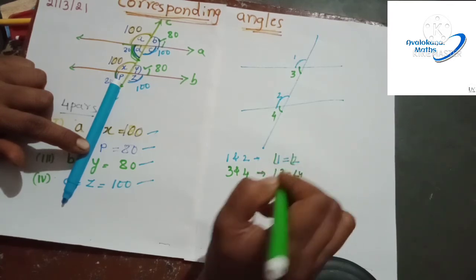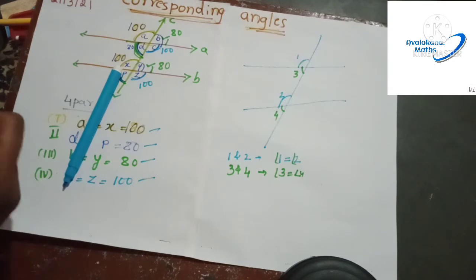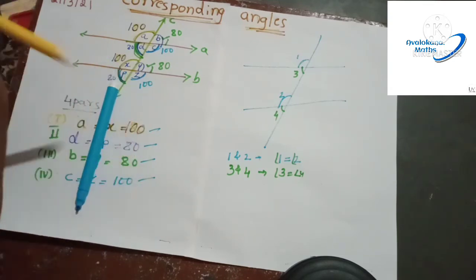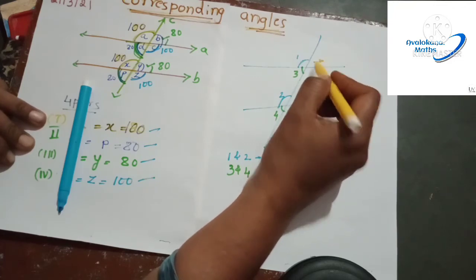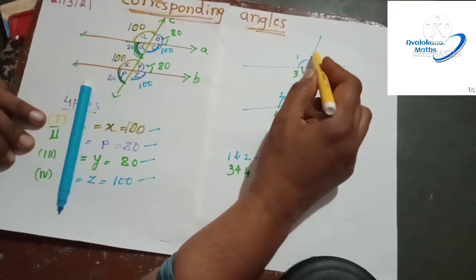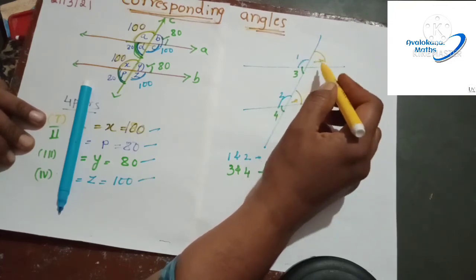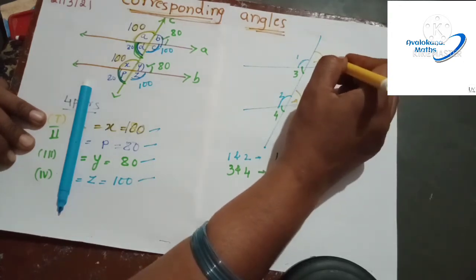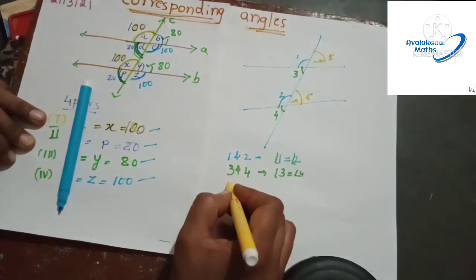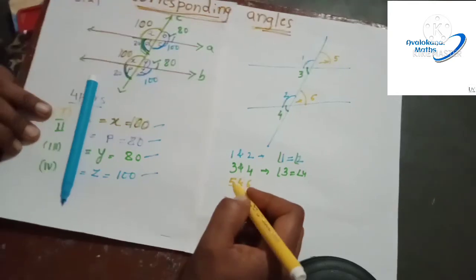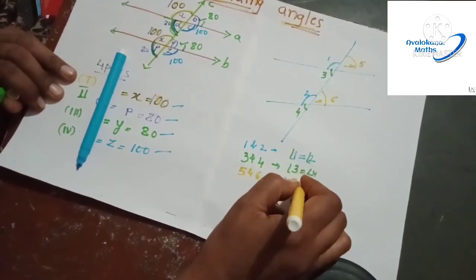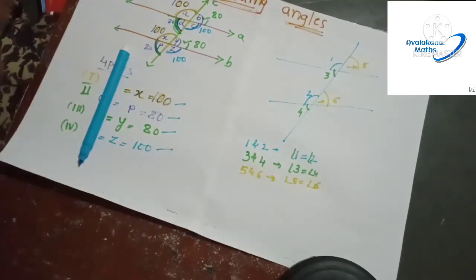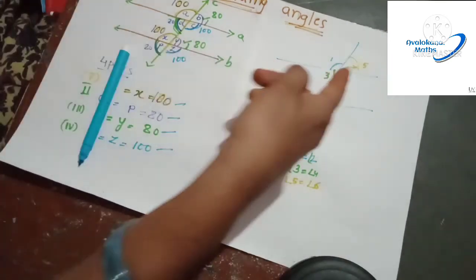Then on the right side of the transversal you have this angle and this angle. We refer to these two as corresponding angles. If I name them 5 and 6, then angle 5 is equal to angle 6, which are above the parallel lines.